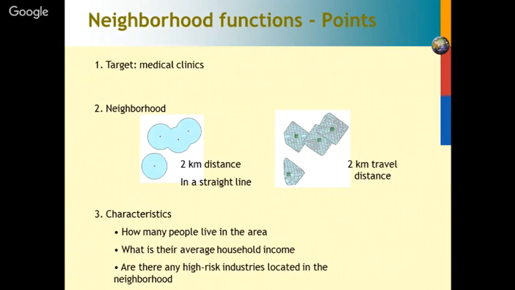So in such cases, the neighborhood functions can be computed based on distance. Again, I'm trying to emphasize that to make a distance-based, cost-based neighborhood analysis, your data set should have a topology built in.